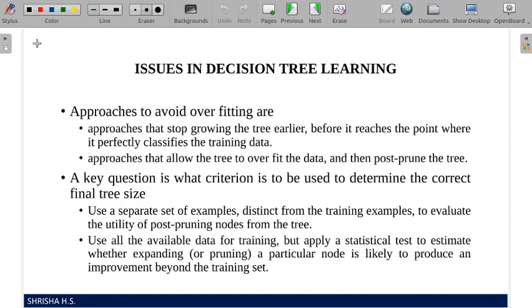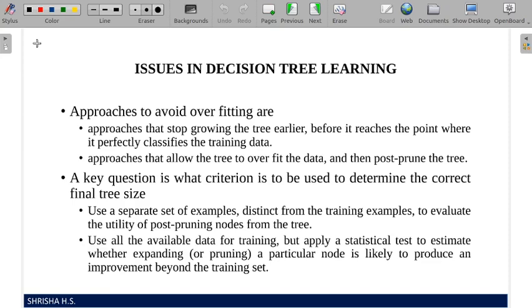The first method is to use a separate set of examples, distinct from the training examples, that is test data, to evaluate the utility of post-pruning nodes from the tree. We remove some branches of the decision tree and check it on test data. If it performs well on the test data, that means the tree is good.